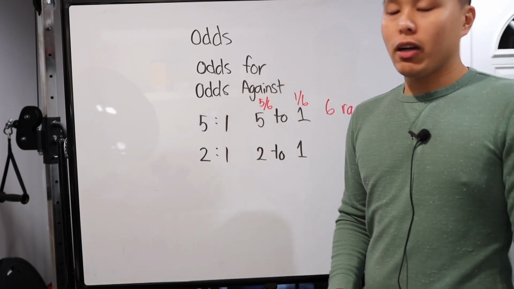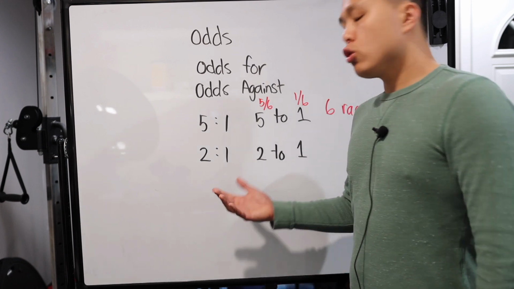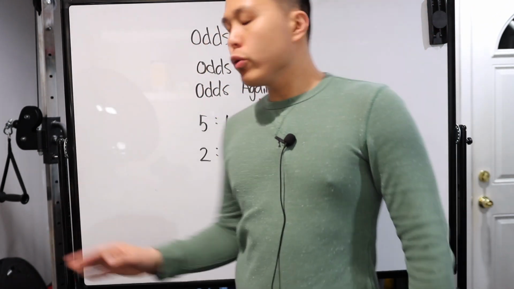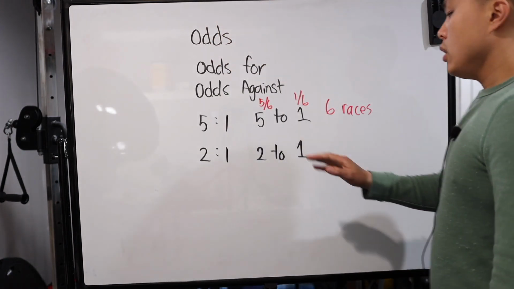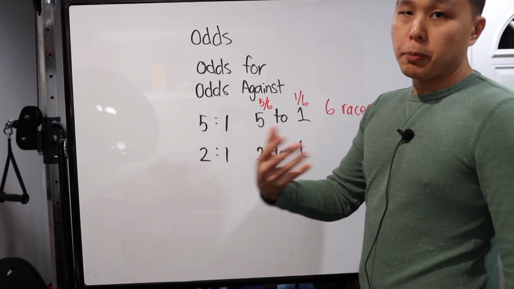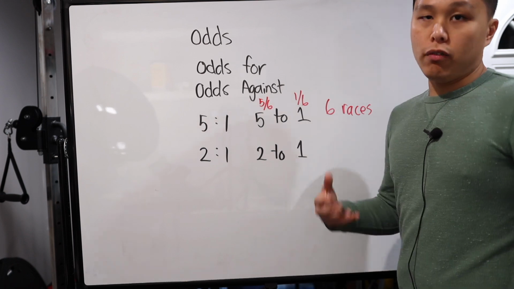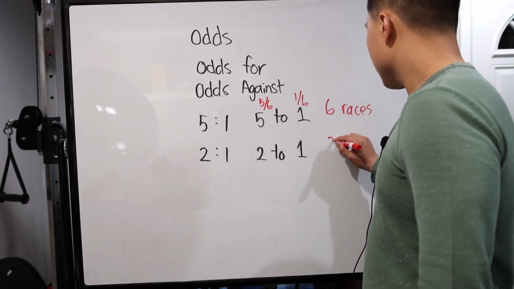Now this one I say is scary because we are so conditioned for clean numbers. So 2 to 1, we immediately, without really thinking about what this means, think about 1/2, when that's not actually the case, right? Once again, it's very similar to this one. There's 2 possibilities of winning, 1 possibility of losing. So a hypothetical 3 races must be considered.